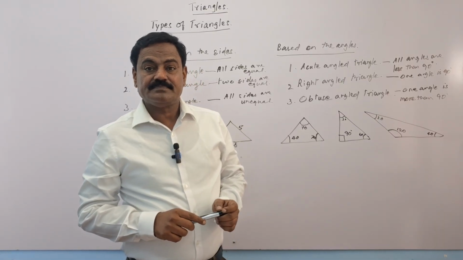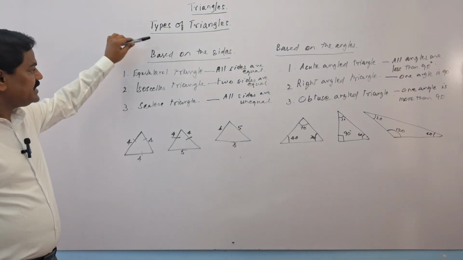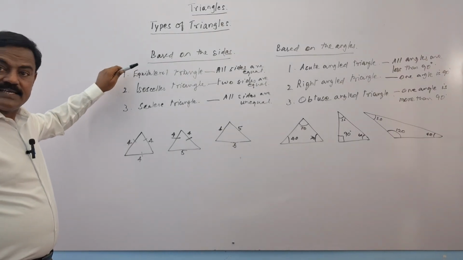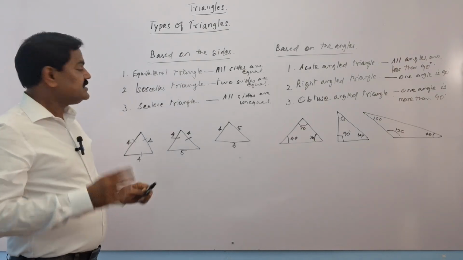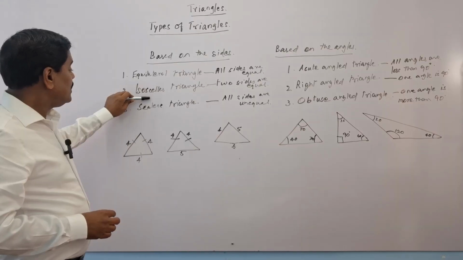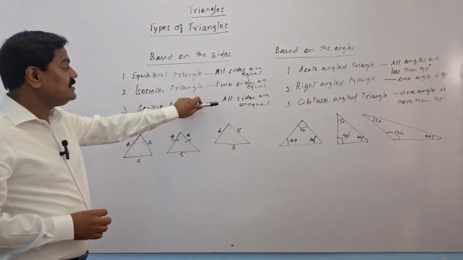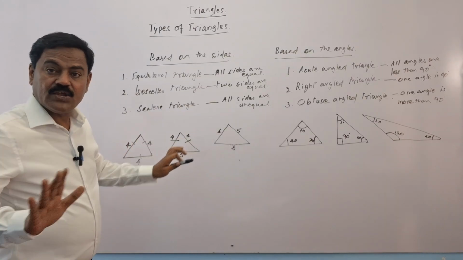So, coming to the types of triangles, based on the sides, we classify triangles into equilateral, where all sides are equal; isosceles, where two sides are equal; and scalene, where all sides are unequal.